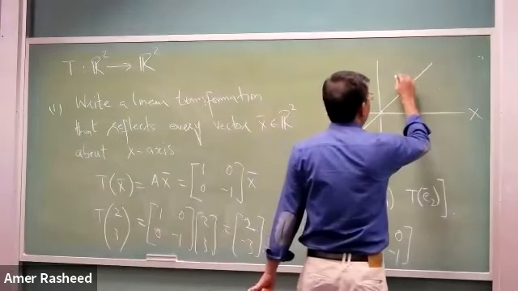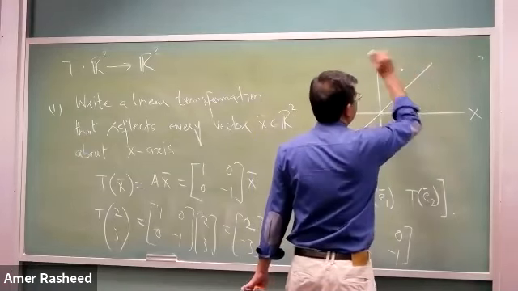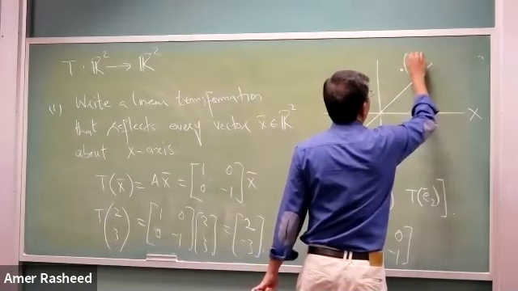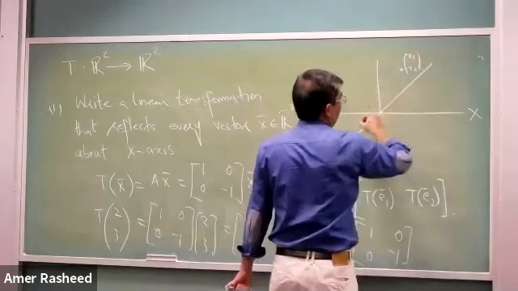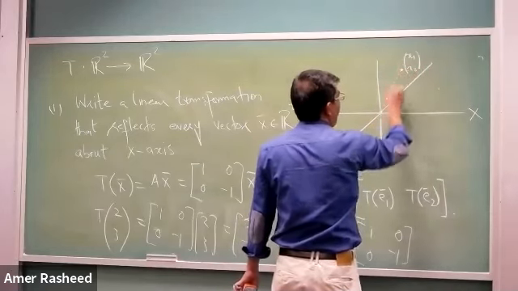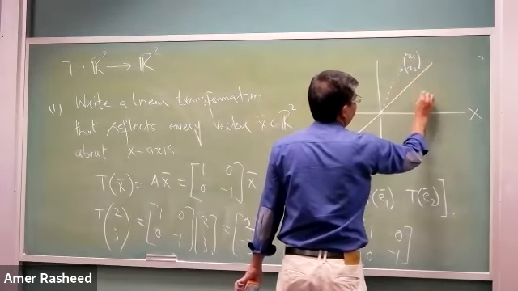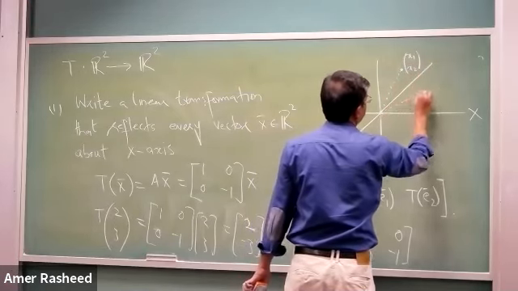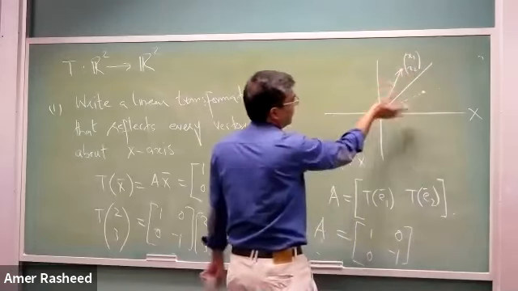Now, if I take any point here or here somewhere, I want the transformation to reflect this point about this line. So if this point is somewhere here, after the transformation it should be reflected about this line, and it should come here somewhere. I hope you get it.